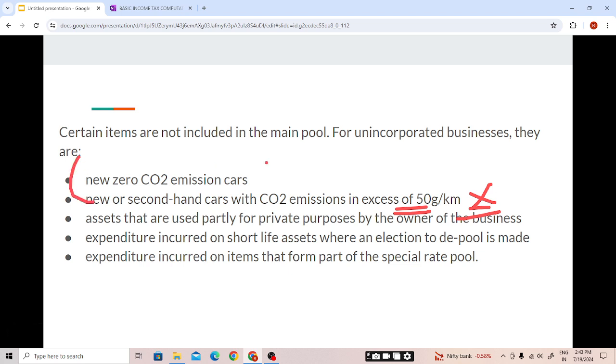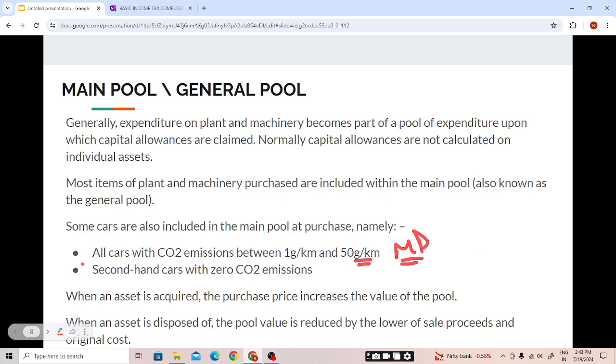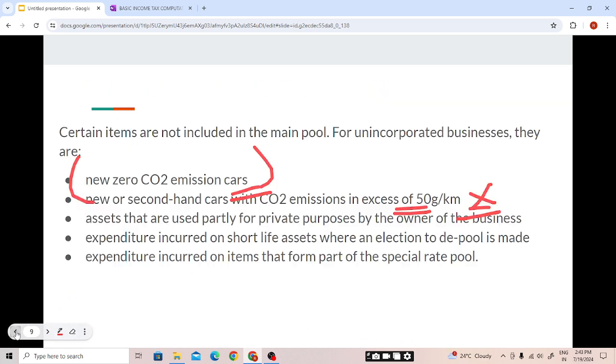And new zero CO2 emission cars will also not be treated under the main pool. As we have seen here, students, only second hand cars with zero CO2 emission will be under the general pool. But new zero CO2 emission cars will be covered under a different head. We'll be seeing it in more detail.